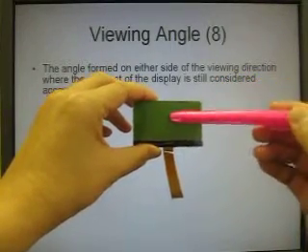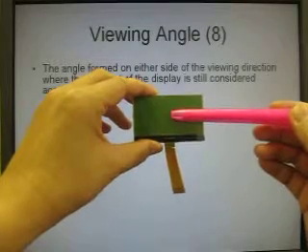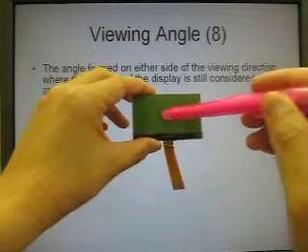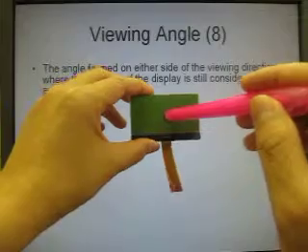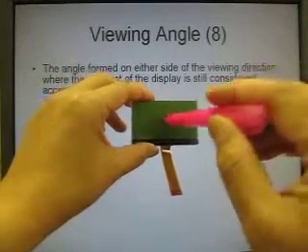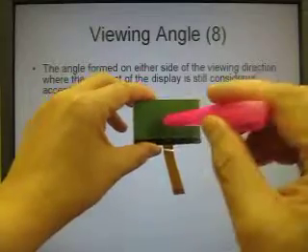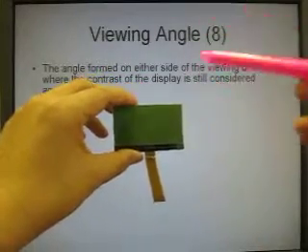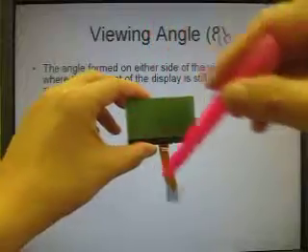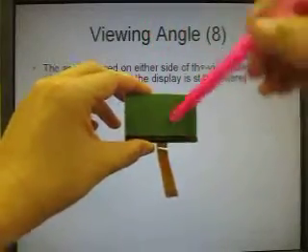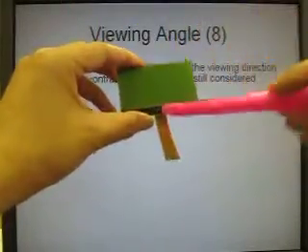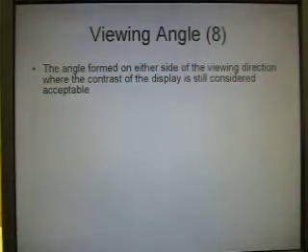But if you look from this angle, you cannot see the display. We will say the 3 o'clock viewing angle is from perpendicular to this direction, just this wide. So viewing angle means how wide the viewing angle can be as it turns in this direction.